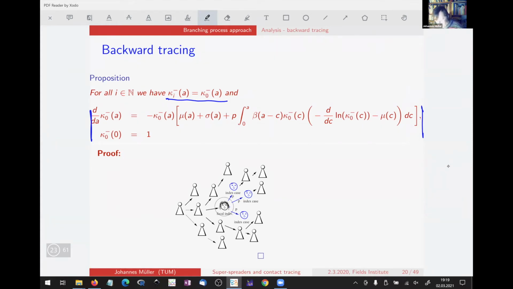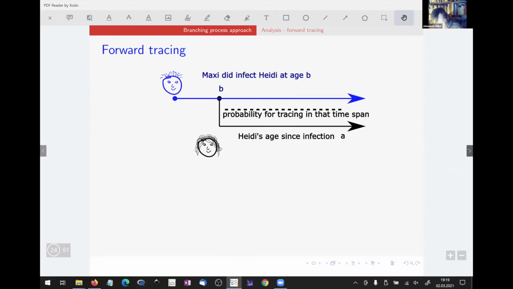Then, after understanding how backward tracing works, we proceed to forward tracing. The situation is slightly different in forward tracing. Again, our focal individual is Heidi, and she has the infector Maxi. Here we condition on the age since infection that Maxi had when he infected Heidi.